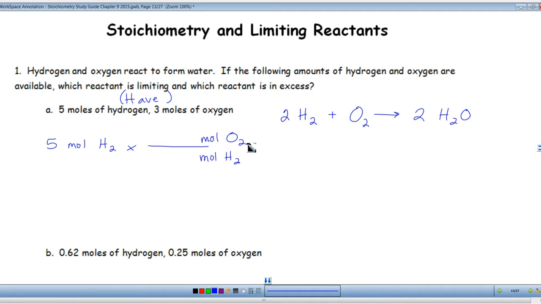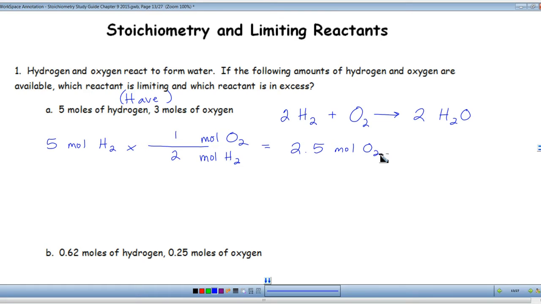And then we plug in the mole ratio from the balanced equation. 1 to 2. Oh my gosh, this is crazy math. 5 divided by 2 is a big fat 2.5 moles of oxygen. I know you can all do the calculation, we can all take 5 divided by 2. I get it.